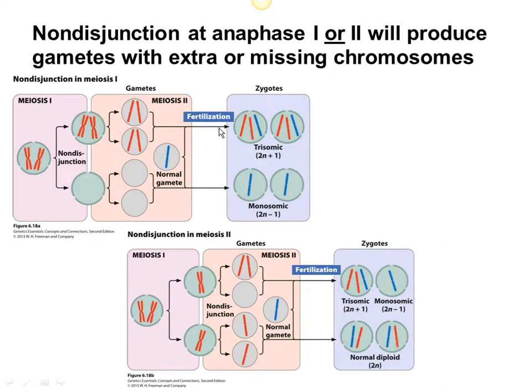All of us contain some of these unusual gametes. Most of the time the chromosomes segregate correctly in meiosis, and most of your gametes have exactly one set of chromosomes.